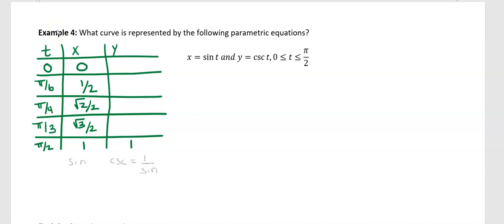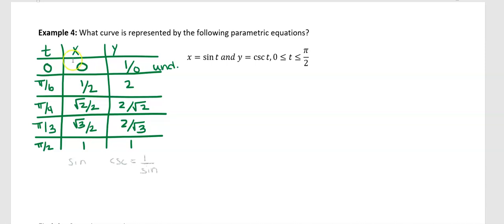The reciprocal of root 3 over 2 would be 2 over root 3. The reciprocal of this would be 2 over root 2. The reciprocal of this would be 2. And I left this one for last, of course, since we have a 0 here. The reciprocal of this would be 1 over 0, which, of course, you can't divide by 0. So this is really just undefined.